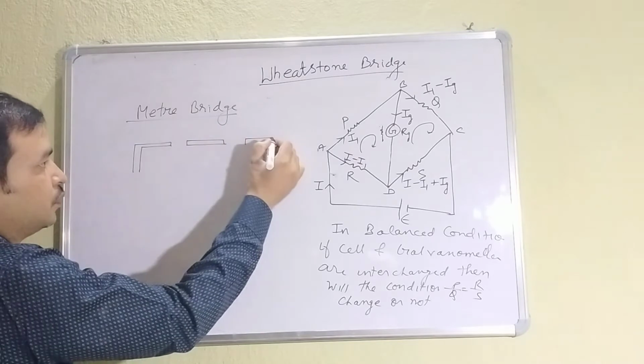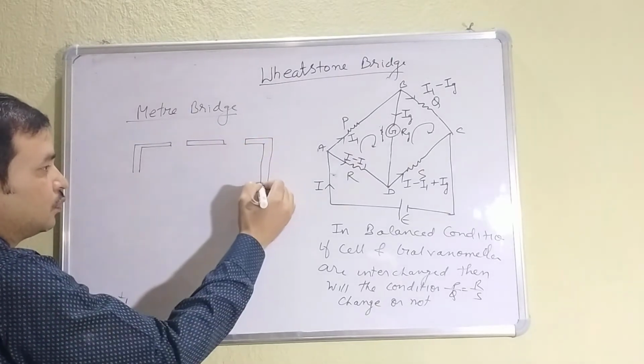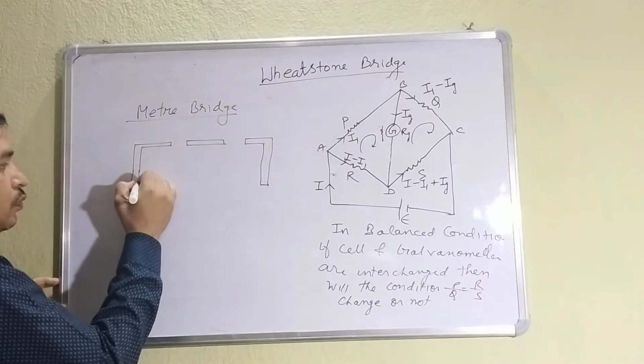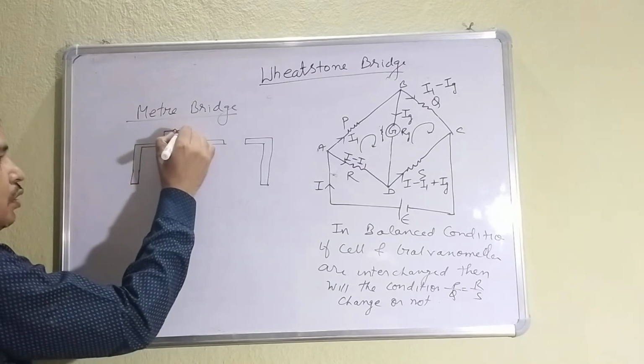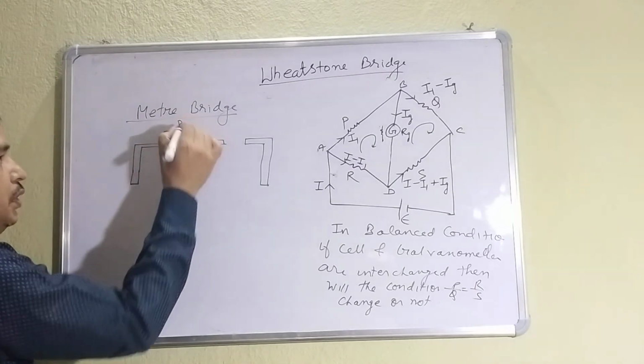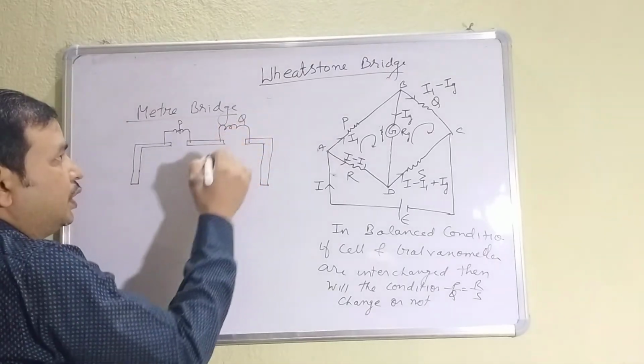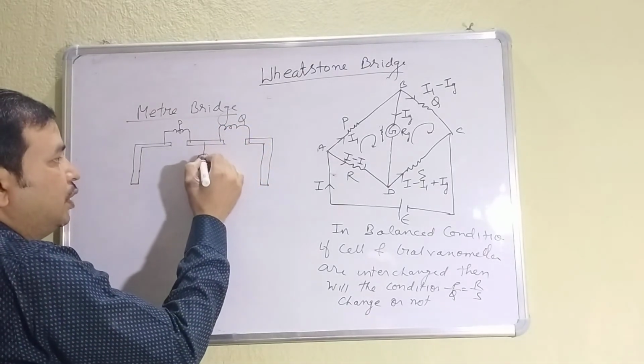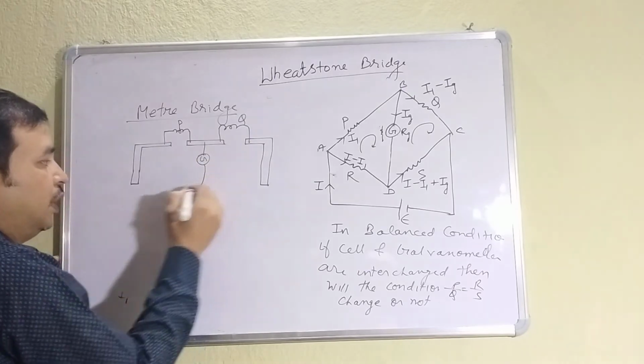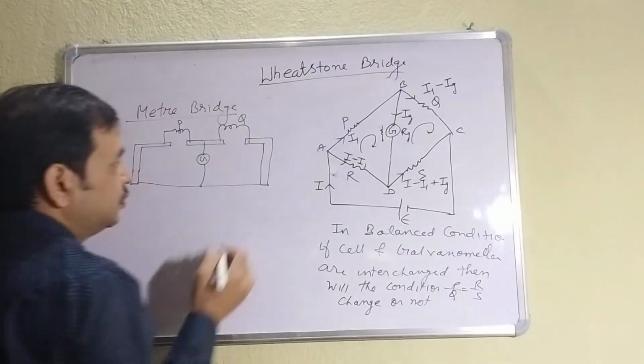Here, unknown resistor P is connected, and known resistor Q is connected. This is a galvanometer having some resistance, and this is a 1 meter wire.